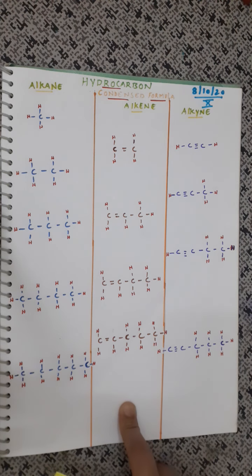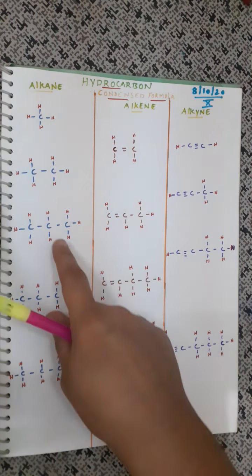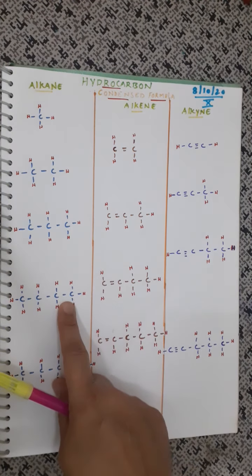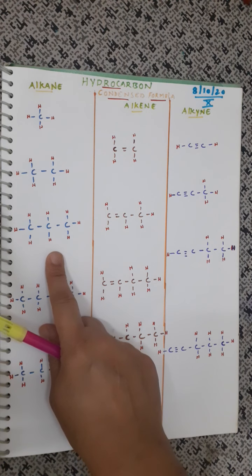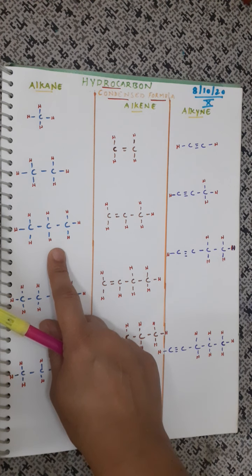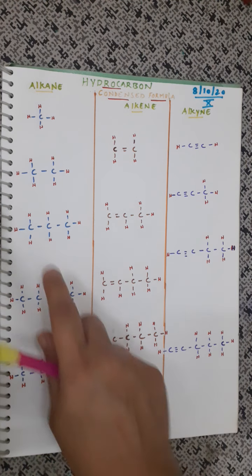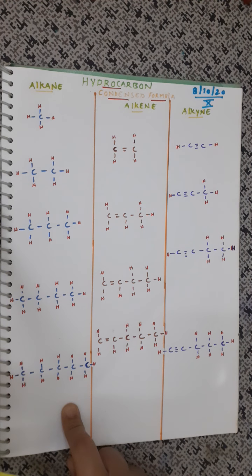So if you have seen, we have drawn the structures which are very elaborate, in the sense representing the number of carbons and the number of hydrogens present in each hydrocarbon. But as the length of the carbon chain increases, this becomes a very tedious process.